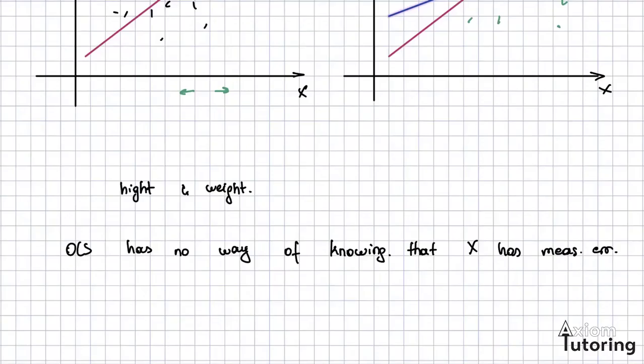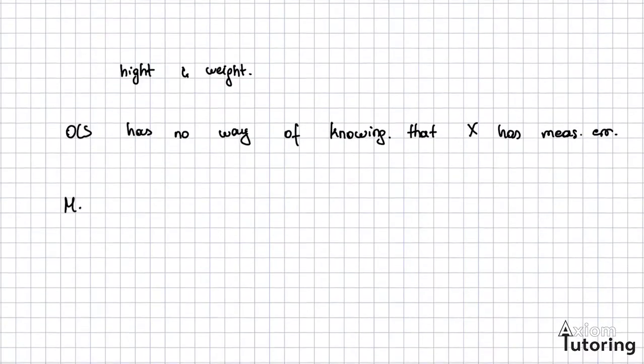So the result is that the true signal gets diluted by the noise, and OLS sees a weaker relationship than actually exists. What does this mean? Measurement error in X dilutes the true signal.